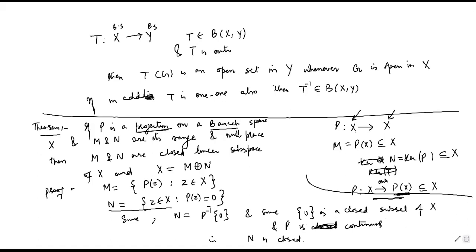अब हम M को ऐसे लिख सकते हैं. Now M is equal to P of Z such that Z belongs to X. अब मैंने जानबूझ के Z लिखा है क्योंकि मैं इसको ब्रेक करना चाहता हूँ into X and Y. वो मैं भी बताऊंगा.